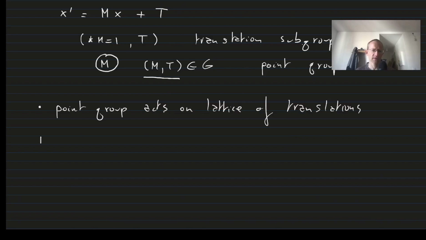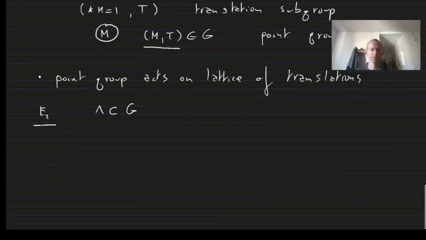So again, we set ourselves in the two-dimensional case, and with a two-dimensional lattice subgroup of the crystallographic group. We will suppose that the first translation goes in a particular direction, which we'll draw here as the horizontal direction. And we'll consider one point O, and then a point to the left of it, which we'll call A, and a point to the right, which we'll call B. Then we have another translation which translates these points in another than the horizontal direction.